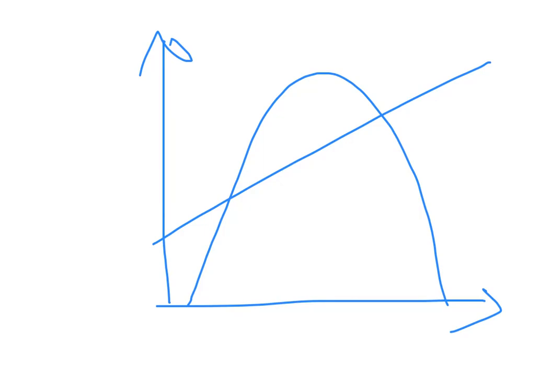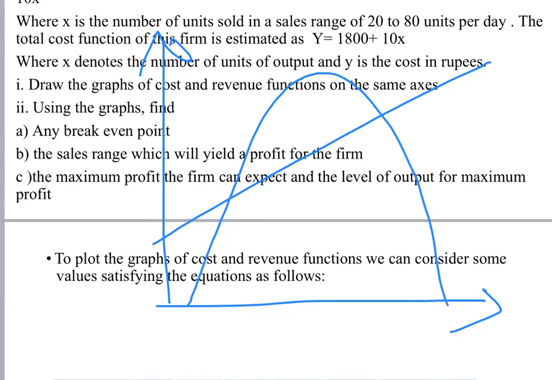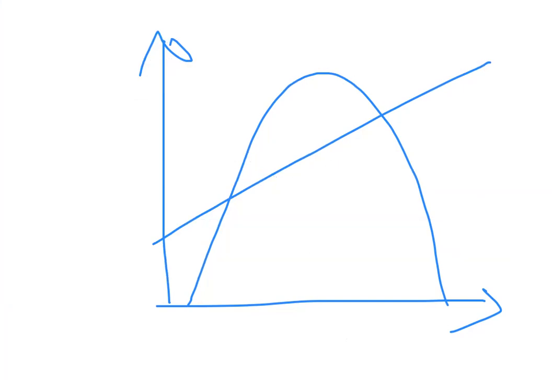So in the first question it asks to draw, using the graph, find any break-even point. Any break-even point means, as we already know, no profit, no loss, right? So in here we can see two break-even points. Okay, we have seen two break-even points.